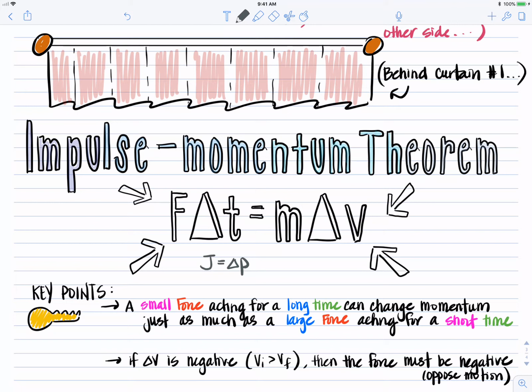So if we're talking about the change in velocity of something that's being brought to rest, we are not talking about the force on the object that is causing the other object to stop. We're talking about the force on the object that is stopping. And so that force would be negative.